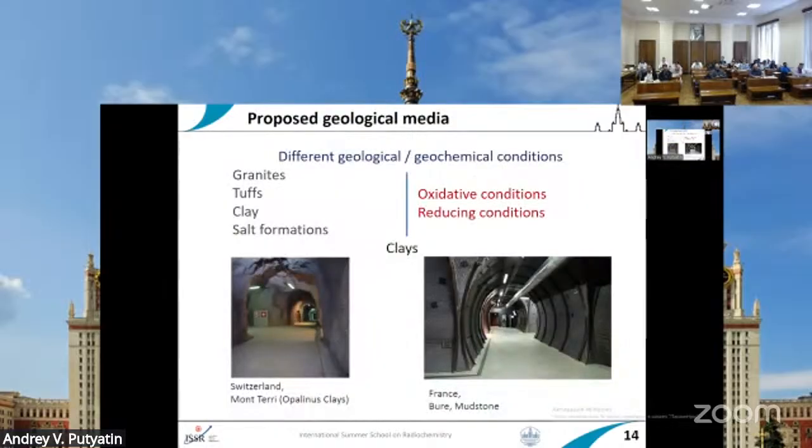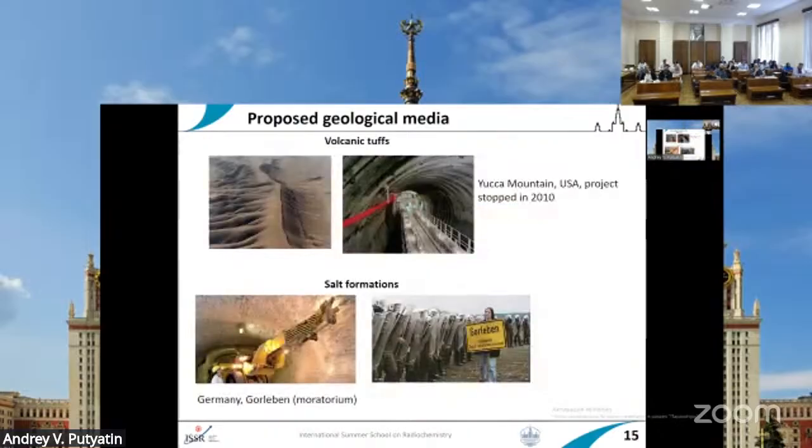So the first step in all these different geological conditions is the construction of the underground research labs to test the conditions. Are they acceptable for future disposal or not? Not always are these underground research labs constructed directly in the future site, but we'll see one example later.